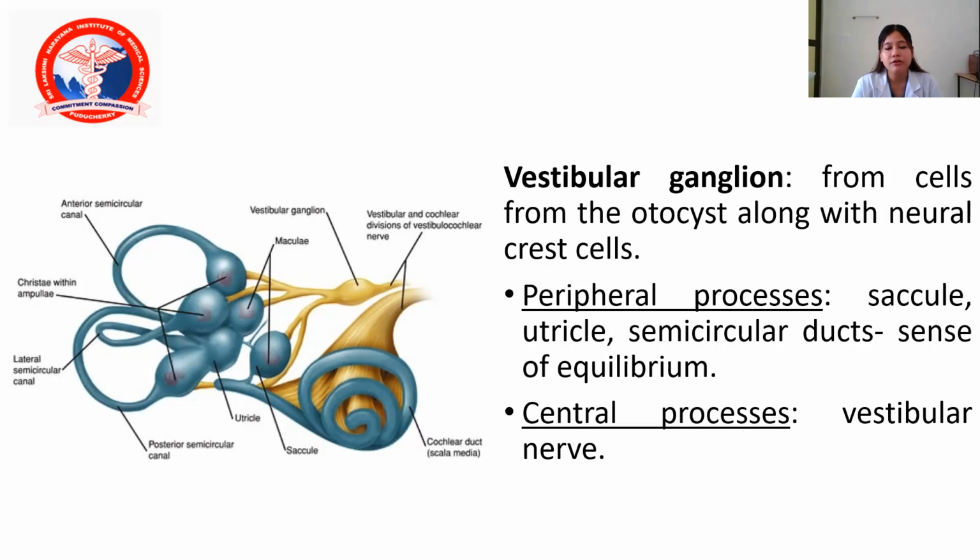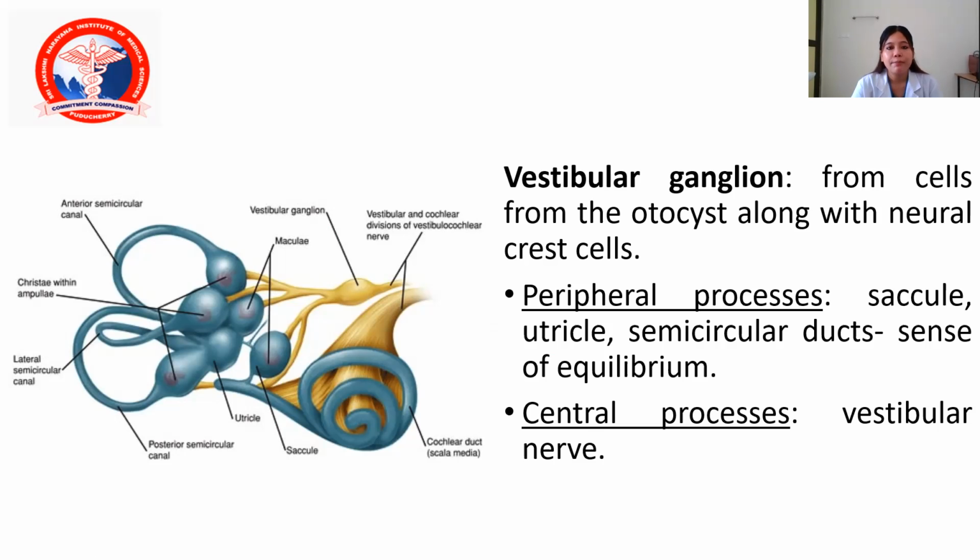We know that the vestibulocochlear nerve is composed of two components, the vestibular component and the cochlear component. The vestibular component deals with the sense of equilibrium and maintains the balance of our body. So the vestibular ganglion has been formed by the cells which migrate from the otocyst along with the neural crest cells.